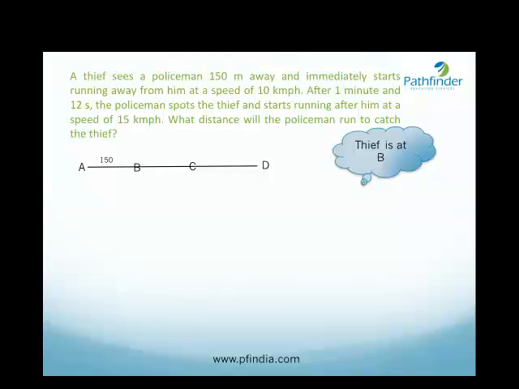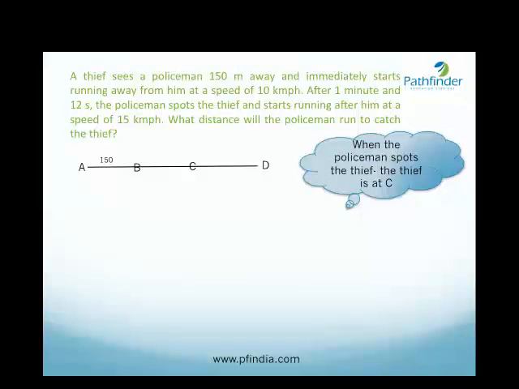As soon as the thief sees the policeman, he starts running in the opposite direction, and therefore the thief must be running towards the points C and D, and after 1 minute and 12 seconds he reaches the point C, and this is the point when the policeman spots the thief. So when the policeman spots the thief, the thief is at point C.